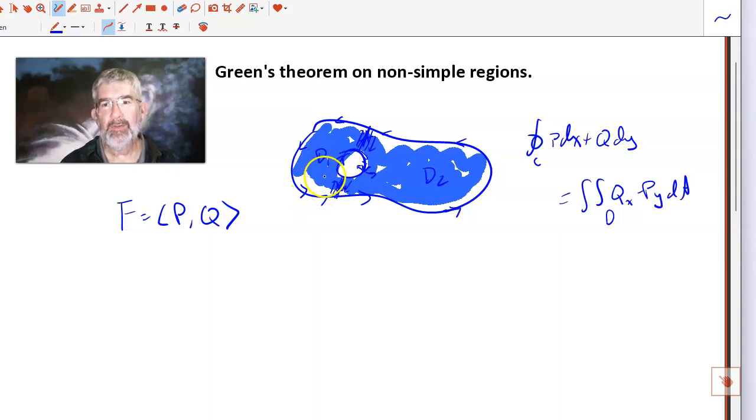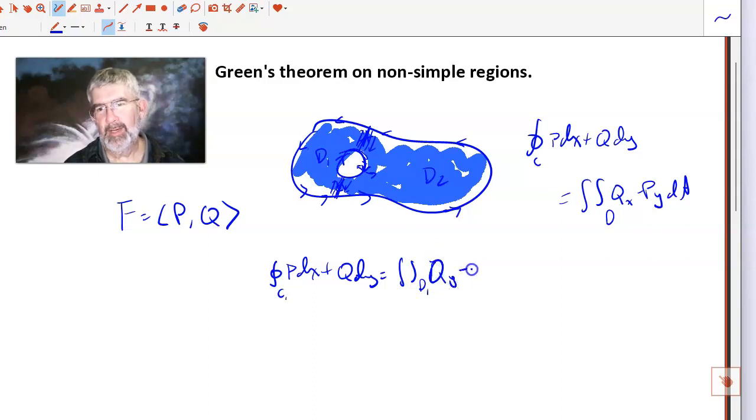Green's theorem would say that on D1, the line integral over C1 of P dx plus Q dy equals the double integral over D1 of Q sub x minus P sub y dA.